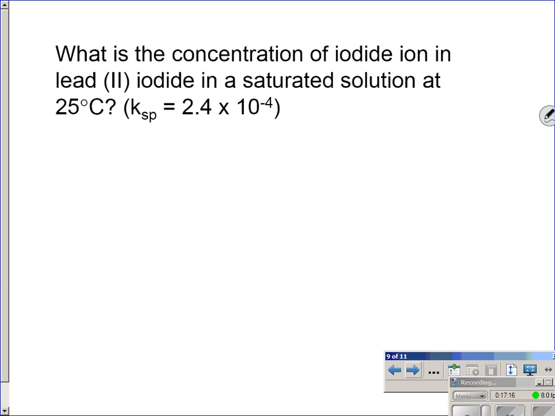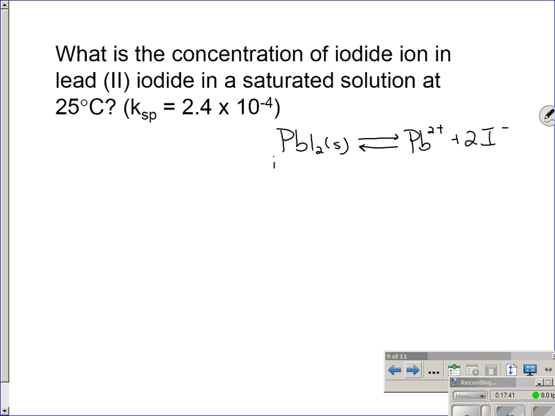So the first thing we should do is write our equation. Lead 2 iodide is a solid. A saturated solution means that it has dissociated into its maximum number of ions.